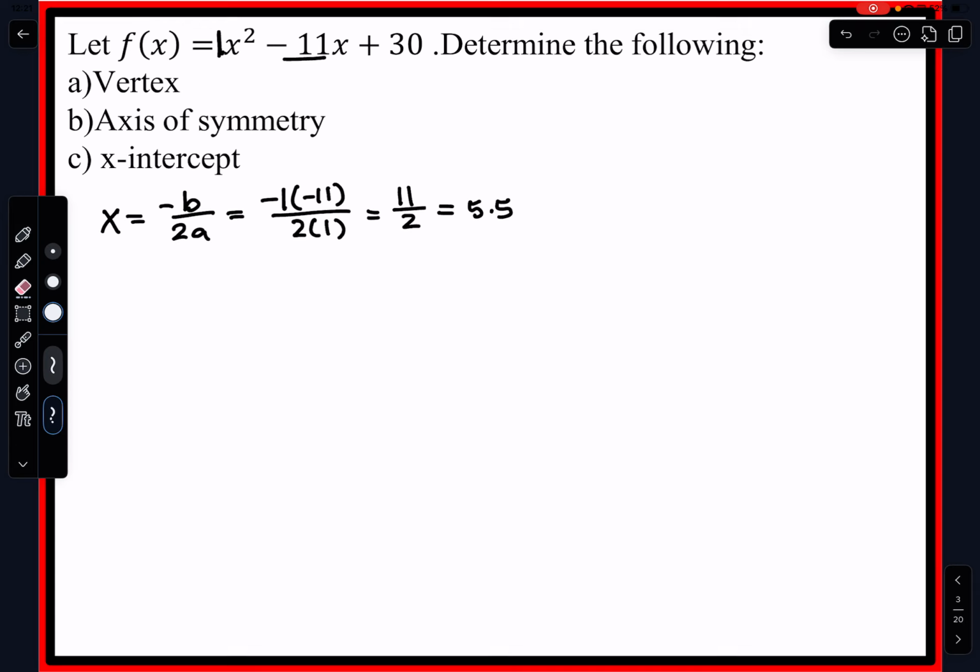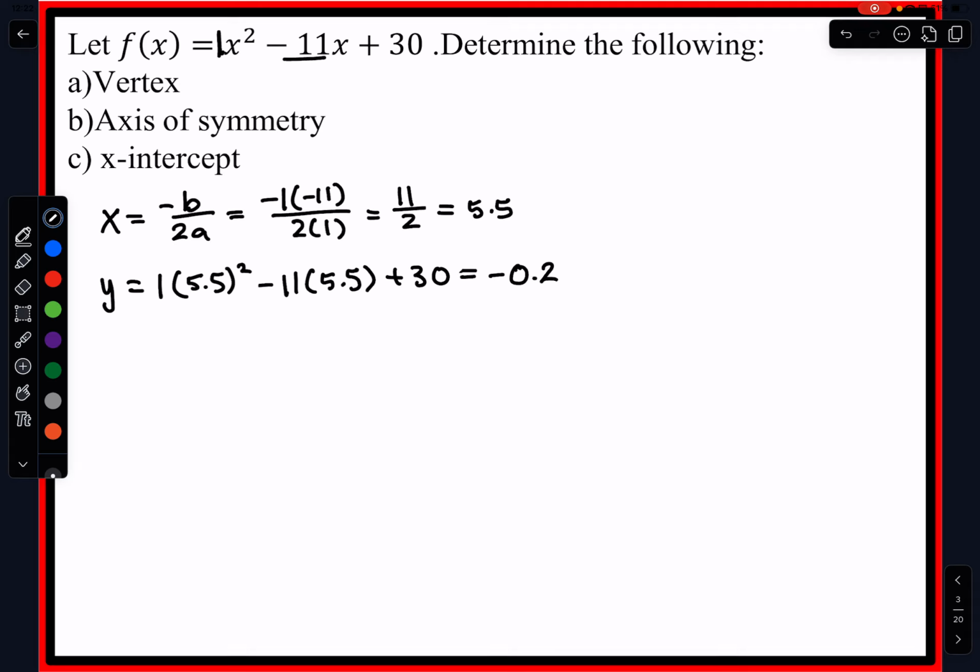Now, to identify the y-coordinate of the vertex, we simply use this answer of 5.5 and plug it into the function. So 1 times 5.5 to the second power minus 11 times 5.5 plus 30. And let's see what this equals. That gives us negative 0.25. Now, we have the first part.